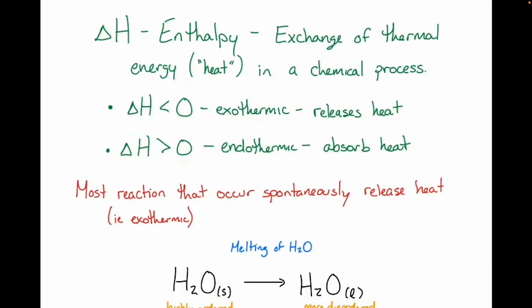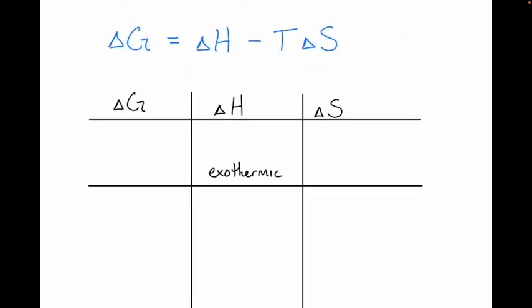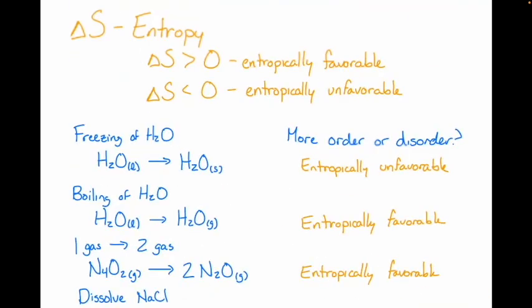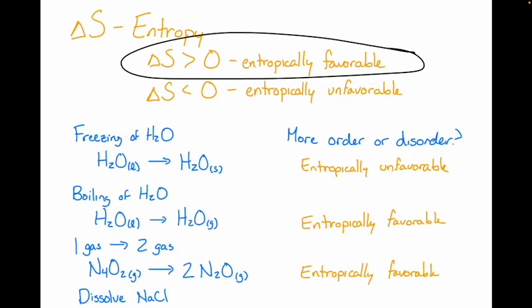Okay, so that'd be a negative value for delta H. And what about if a reaction is entropically favorable? Right? What did it mean to be entropically favorable? Okay, that meant that your delta S value was greater than 0, so a positive delta S.